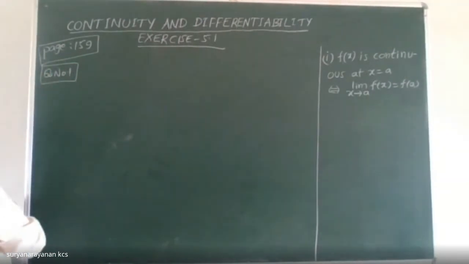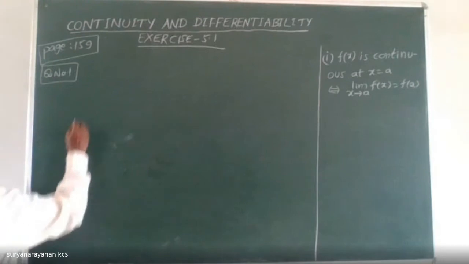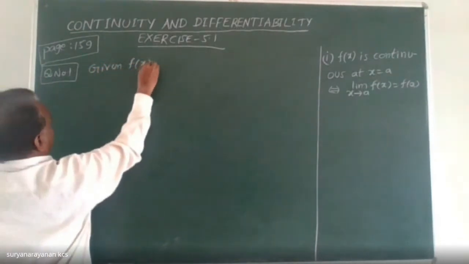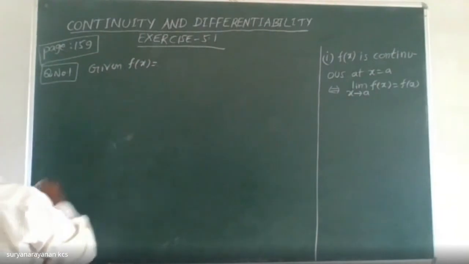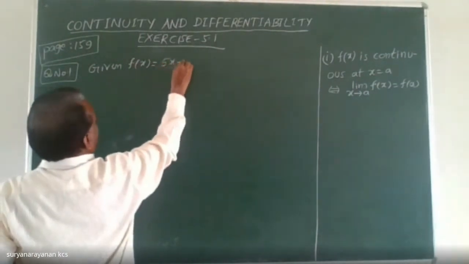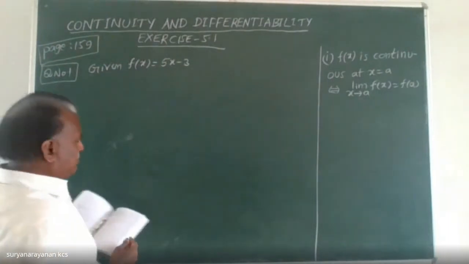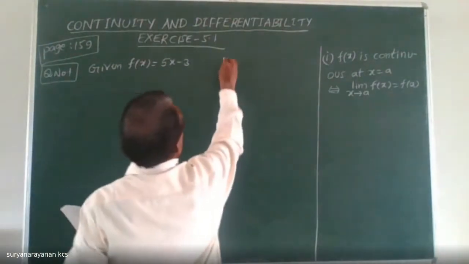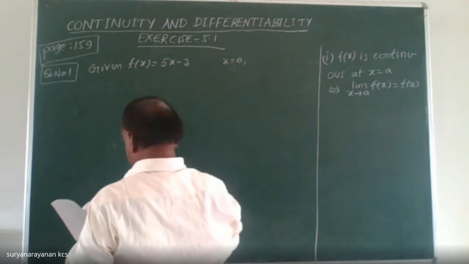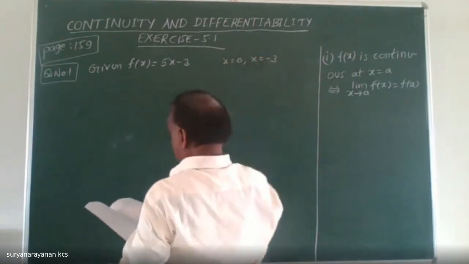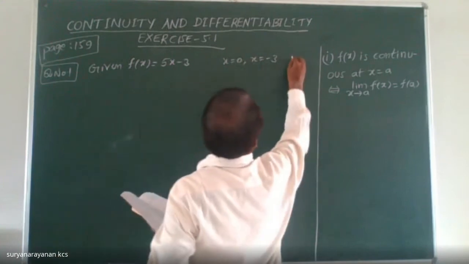Question number 1. Prove that the function f of x is equal to 5x minus 3 is continuous at x is equal to 0, at x is equal to minus 3, and x is equal to 5.